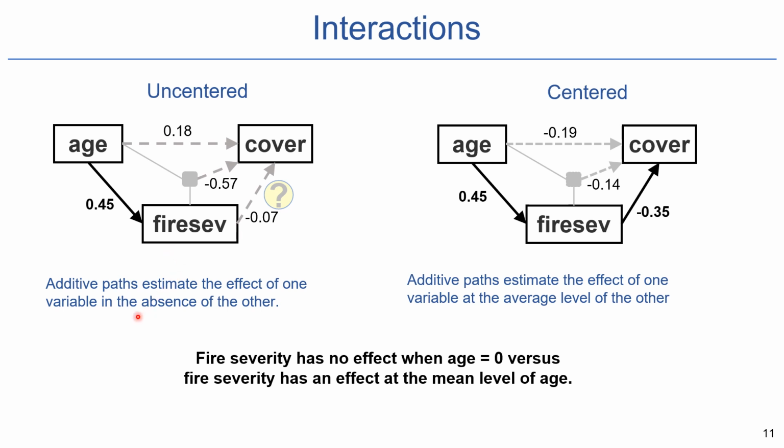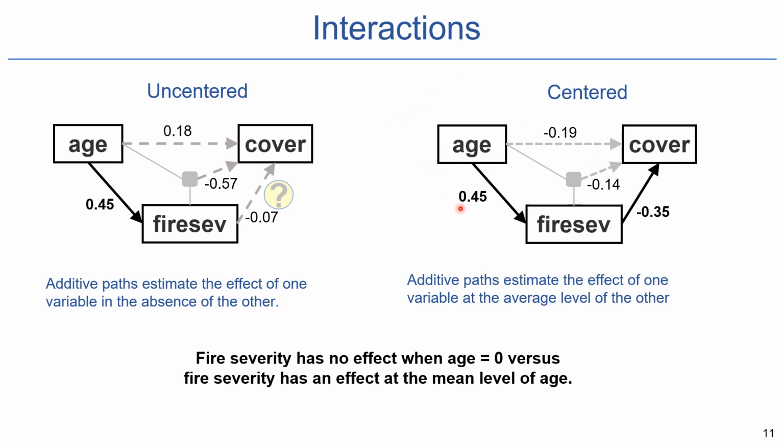And then the additive path from, let's say, fire severity to cover, in case we have an interaction, would be estimated in the absence of the other variable with which it interacts. So we would say that the effect of fire severity on cover in this model would be estimated when age is 0. And this is not what we want. We want to estimate the effect of fire severity on cover at the average value of age.